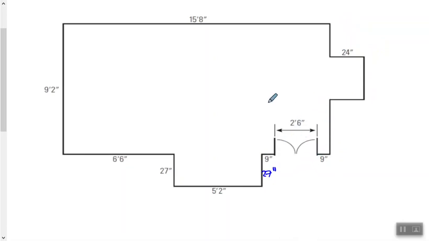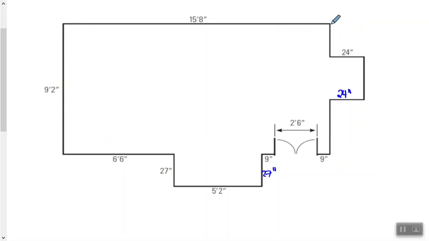So let's take a look here. In order to figure out how much baseboard, I need to know the whole perimeter. So we already figured out that this wall is 27 inches. Now this is going to be the same as that one, so 24 inches there. And now this wall, and this wall. Well, if I take a look over here, I know that this part of the room is 9 feet 2 inches wide.